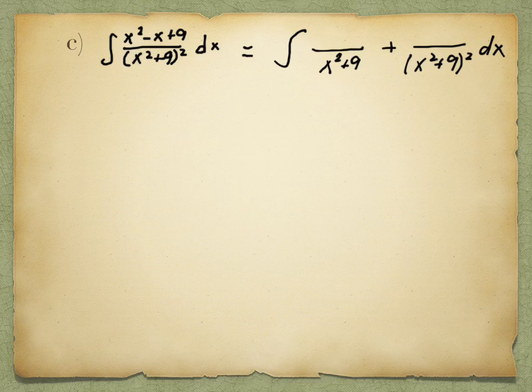Okay, so here is the point where you have to figure out what those numerators are going to be. Now, the first one, x squared plus 9, is like the x squared plus 1 that I was talking about on the last example, right? So my numerator needs to be a linear expression. So what could I write it as? Yeah, ax plus b.